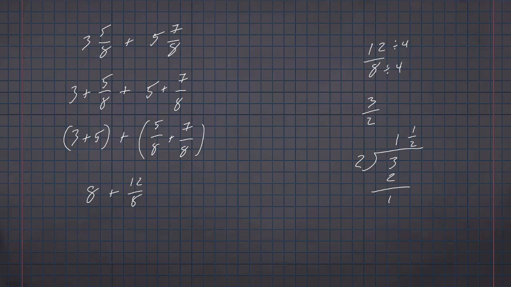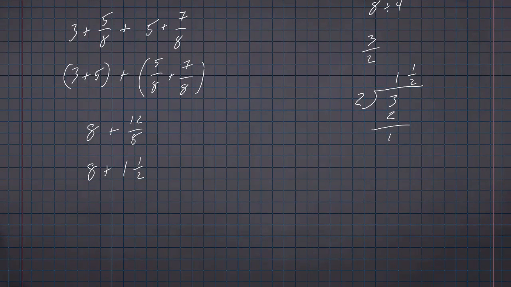We have to convert from an improper fraction to a mixed number and rewrite our expression as 8 plus 1 and 1/2. Now we can add the whole parts. 8 plus 1 is 9, and we get 9 and 1/2 as our result.